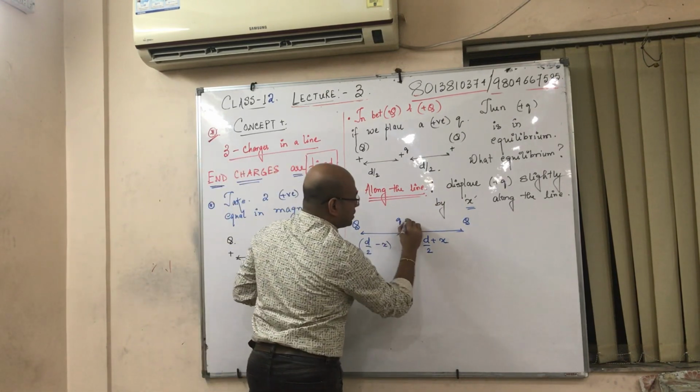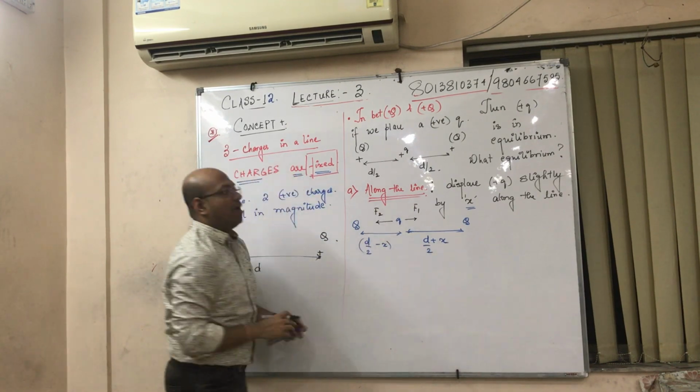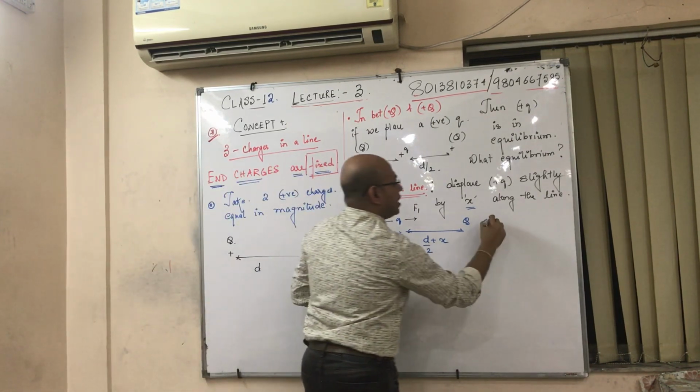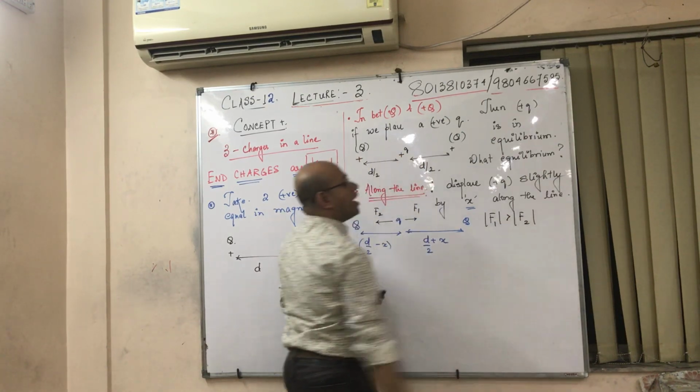So right now, say the force experienced is F1 and the other force is F2. Now logically we can say the mod of F1 is greater than the mod of F2.